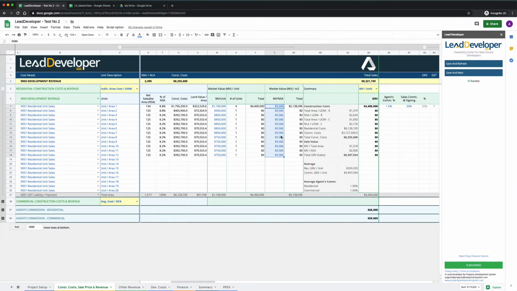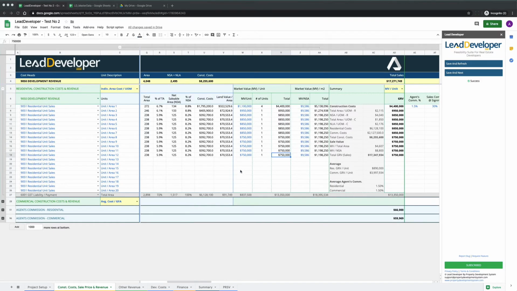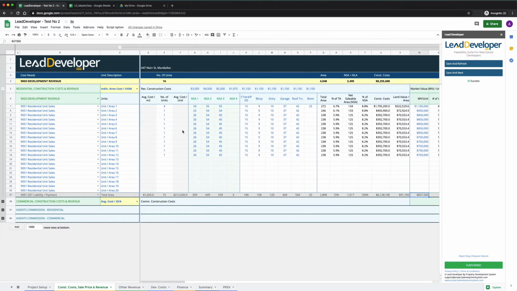9,586 at the moment. So select that, and then all you do is save and refresh again. When you do save and refresh, it will do the calculation again and come up with your market value. Over here, it will give you an average rate of what the average selling price for your unit is, based on the number of units that you've got.